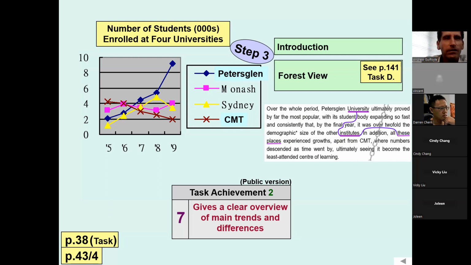And then what did I use? Numbers. Numbers is student numbers. That's not the university. It.